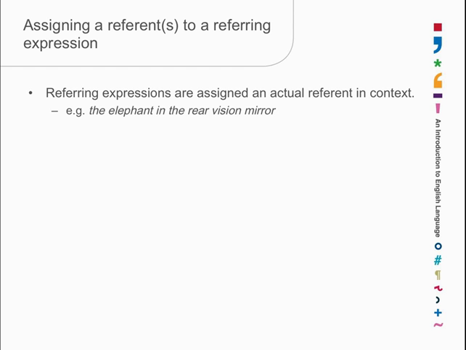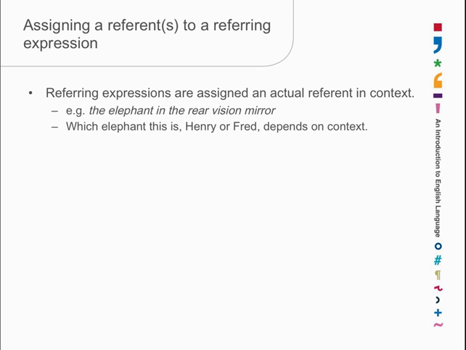So let's think about this as a kind of bizarre noun phrase. The elephant in the rear vision mirror. Well, that's quite easy to work out from the point of view of the language as a code. There is an elephant, a specific elephant, and it's in the rear vision mirror, probably because we can see it in the rear vision mirror. So there's a specific elephant there.